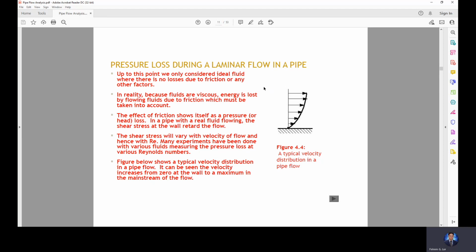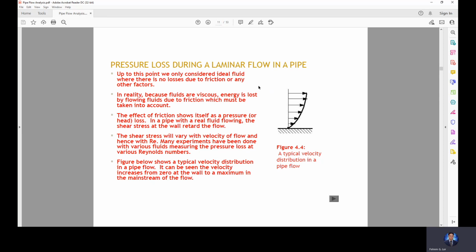Okay, so pressure loss during laminar flow in a pipe. Up to this point, we only consider ideal fluid where there are no losses or friction from any other factors. So in reality, because fluids are viscous, energy is lost by flowing fluids due to friction, so it must be taken into account. Aside from the friction between the moving fluid and the pipe, or in case of an open channel, between the bed of the channel and the moving fluid, there is also internal friction.